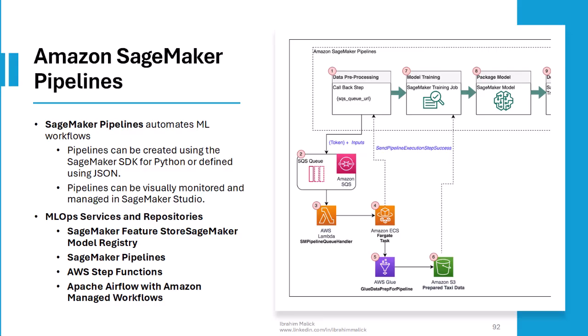Then SageMaker Pipelines, which automates machine learning pipelines, as we discussed earlier. Then AWS Step Functions, which provides serverless workflows with a visual drag and drop interface for integrating with your services. And then Apache Airflow with Amazon Managed Workflows, which is an open source tool for authoring, scheduling, and monitoring tasks.